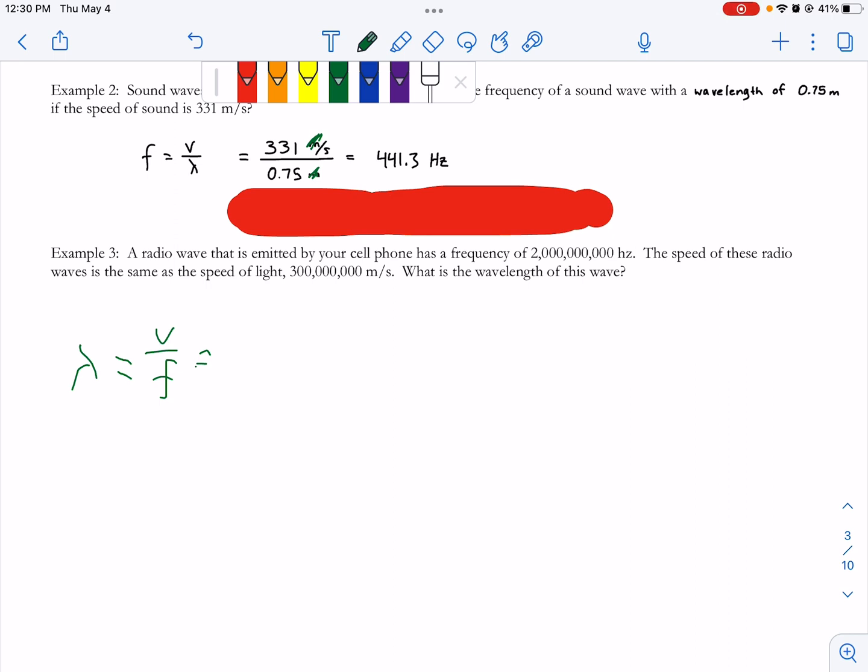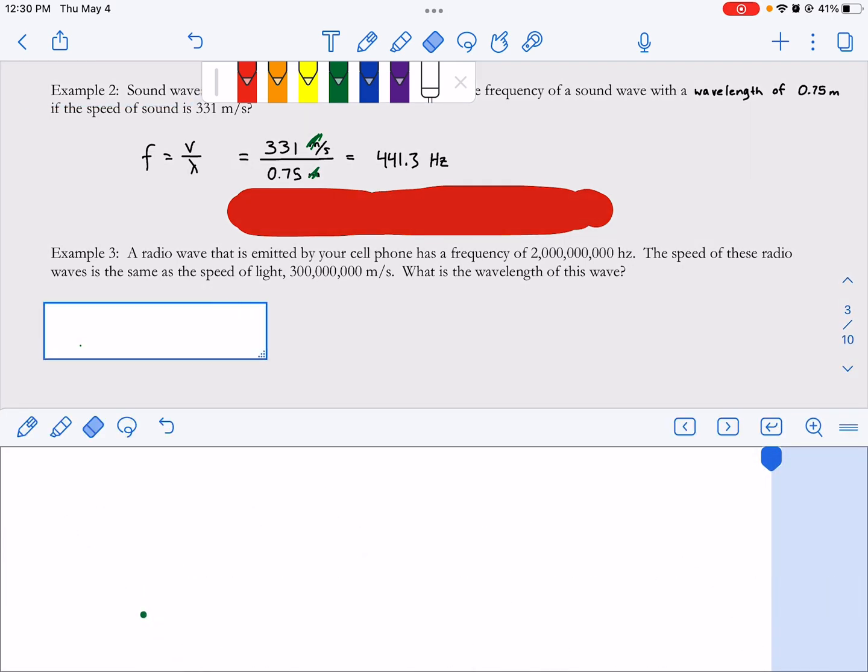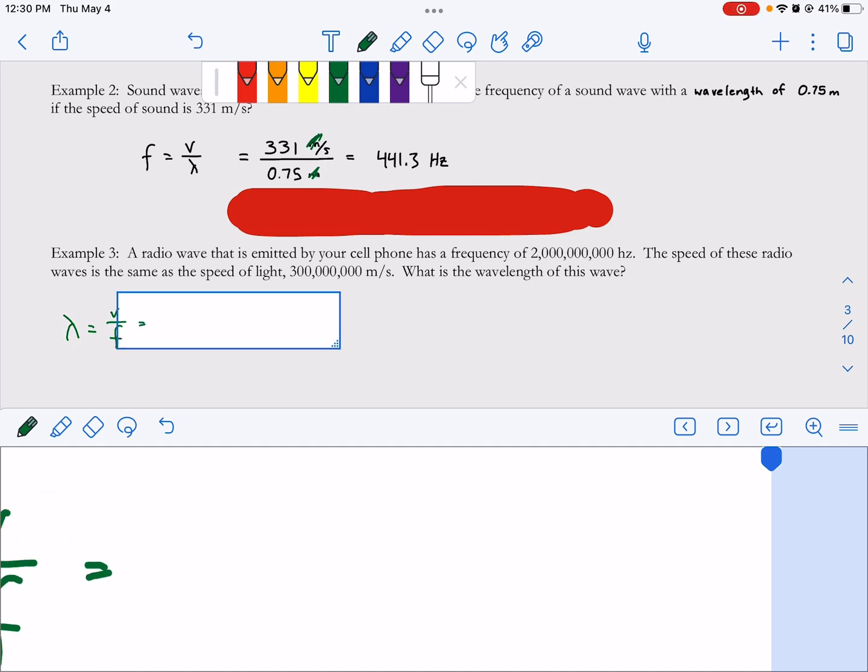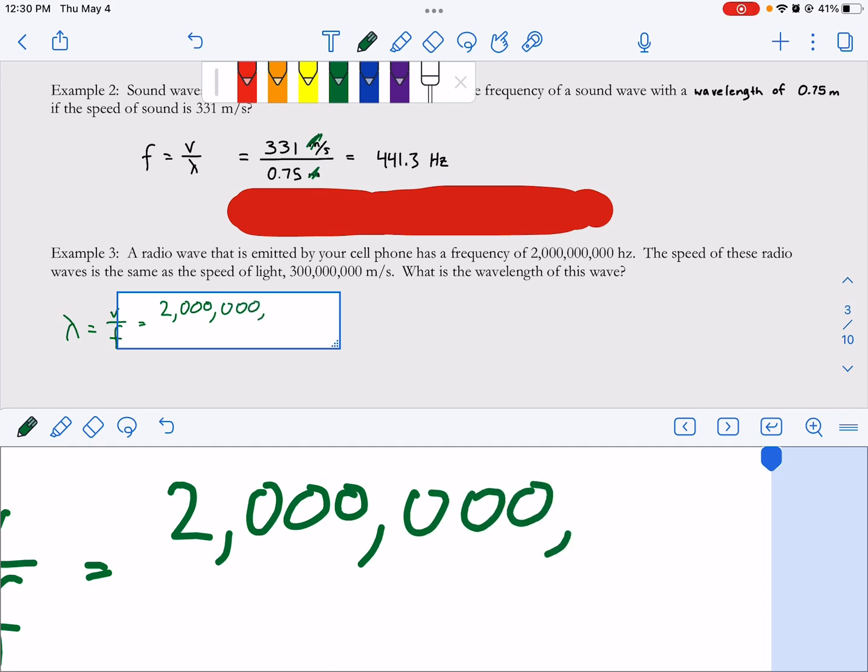Okay, so I need 2 billion hertz. Wavelength is wave speed divided by frequency. That's not the wave speed; that goes on the bottom.